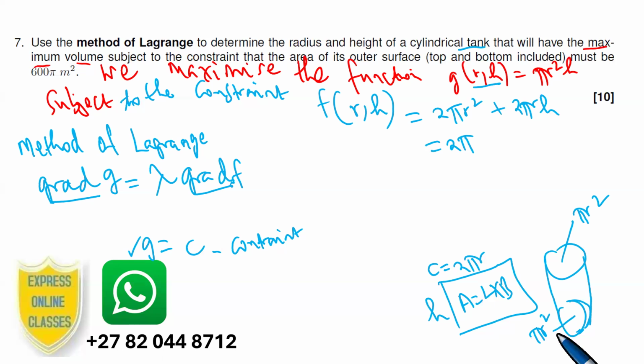If you cut the tank open, this forms a rectangle, which is the vertical section of the tank. But if you take 2 pi r as a common factor, you have r plus h.